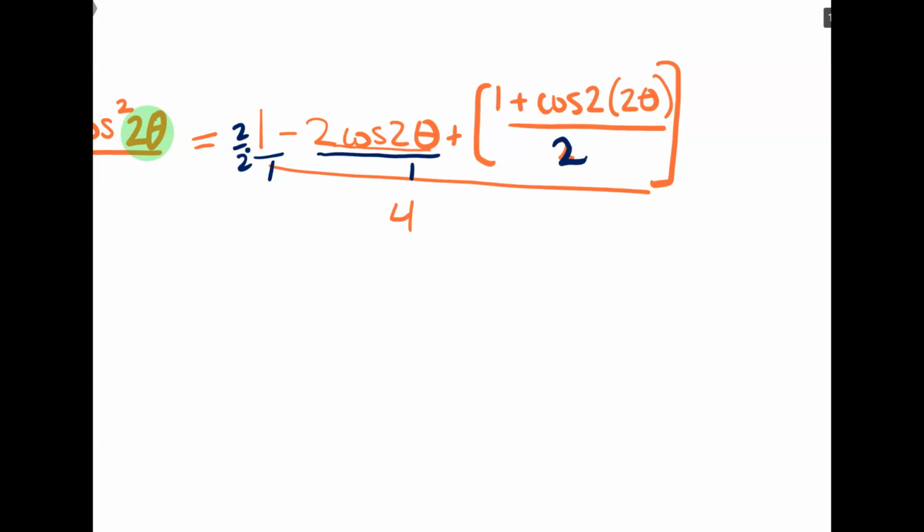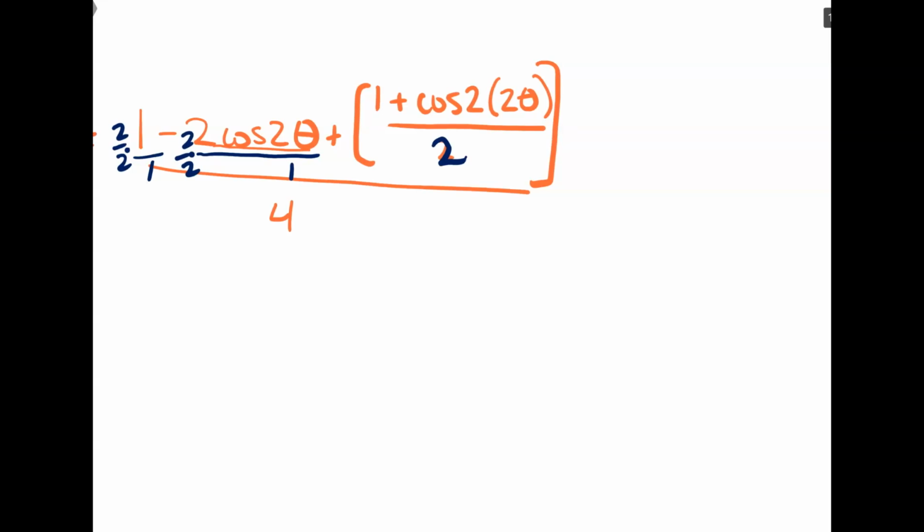Multiply by 2 over 2, making a common denominator. Nope, 2 over 2, because 2 over 1 is multiplied by 2. So when I say 2 over 2, think about any number times 1 is itself. So I'm doing a clever form of 1. I'm multiplying by 1, but it's 2 over 2, just so I can make the denominators the same.